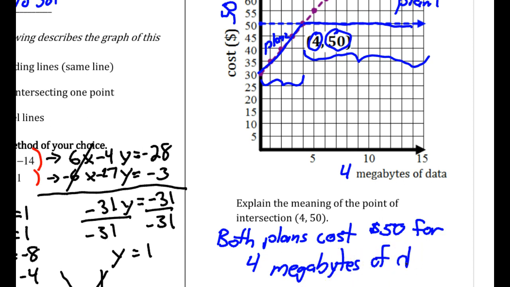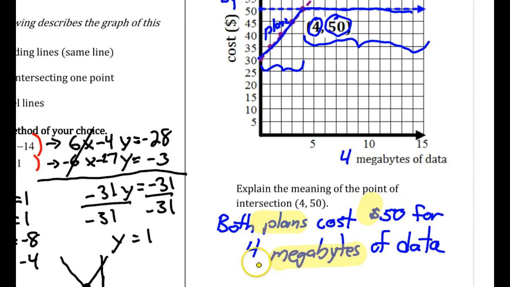Of course, there's many correct ways to say this. Just be sure to include the units, dollars, megabytes, and what it is we're talking about. We're talking about different cell phone plans. And then, of course, proper capitalization and punctuation.